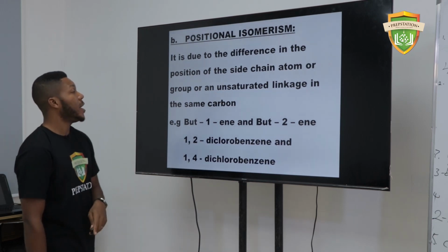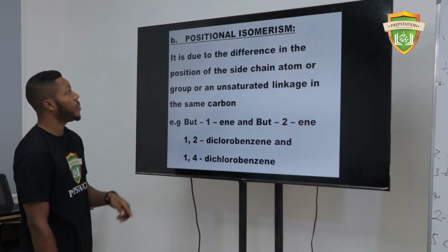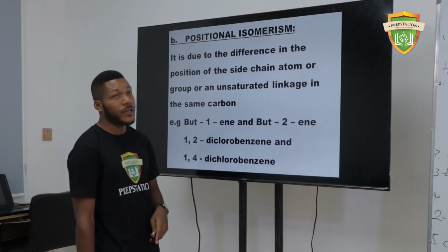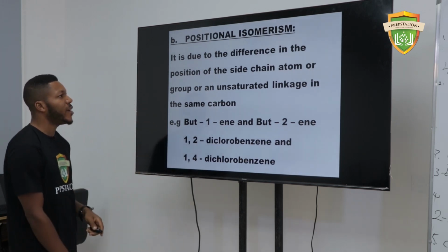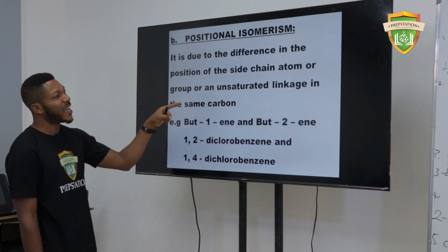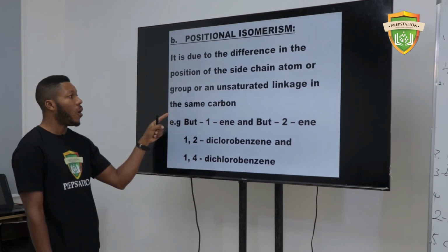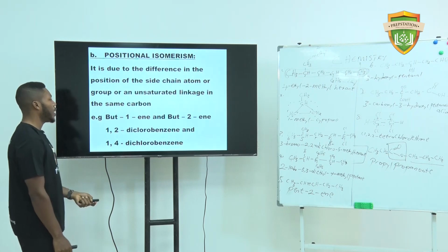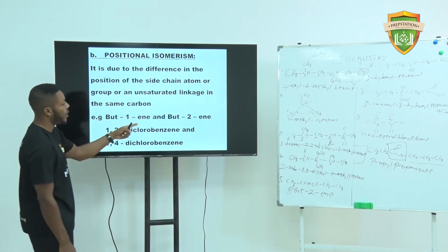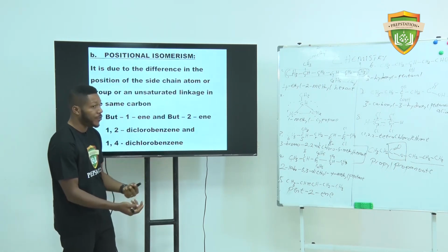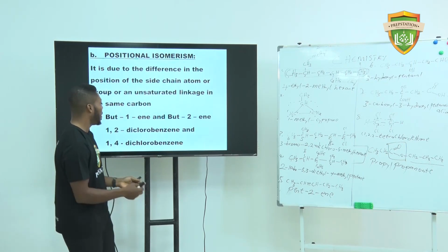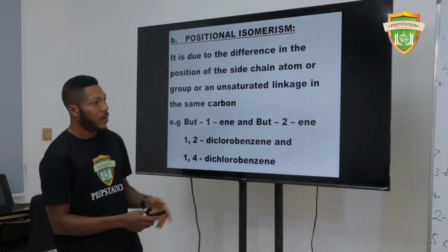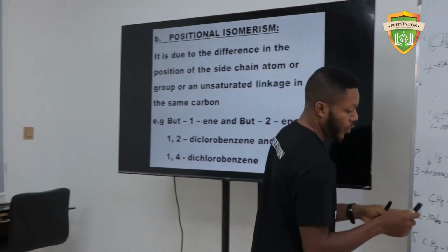Structure. The next one under structural is positional isomerism. This is due to the difference in the position of the side chain atom or group, or an unsaturated linkage in the same carbon, e.g., but-1-ene, but-2-ene. It's just a shift. Let me illustrate that for you.